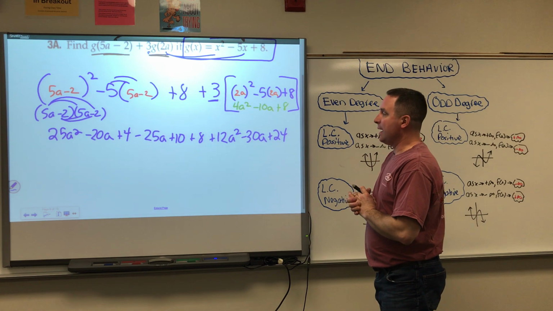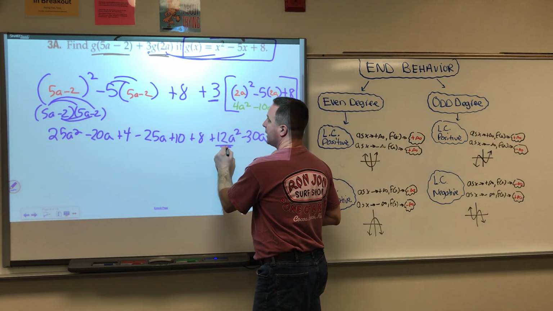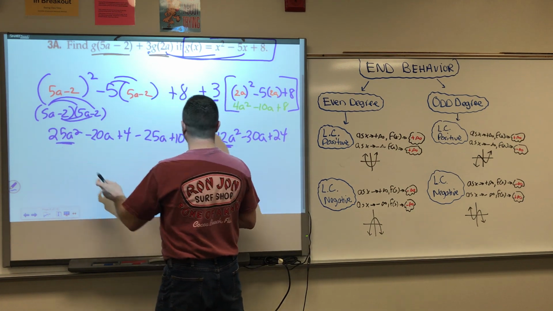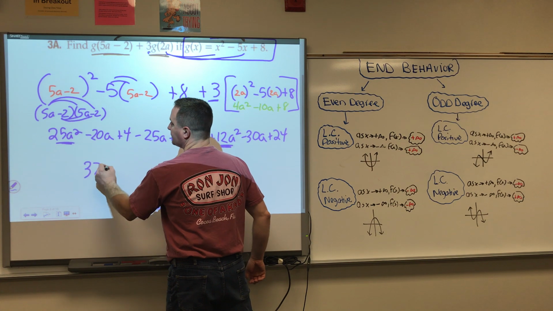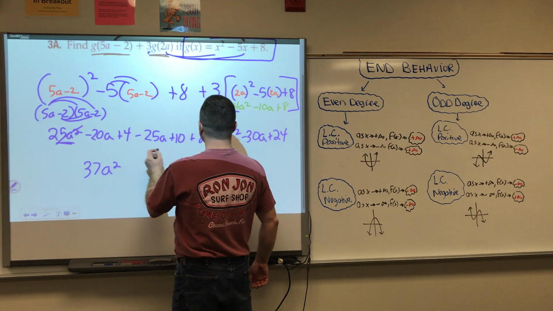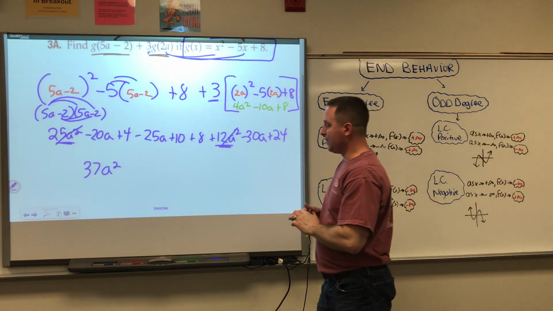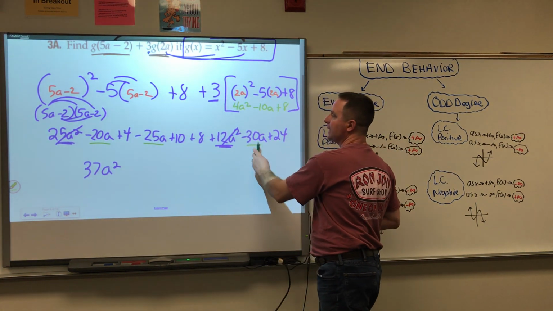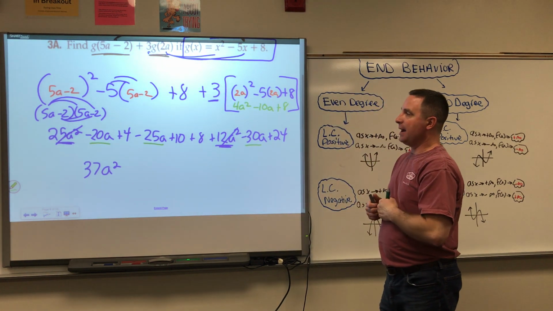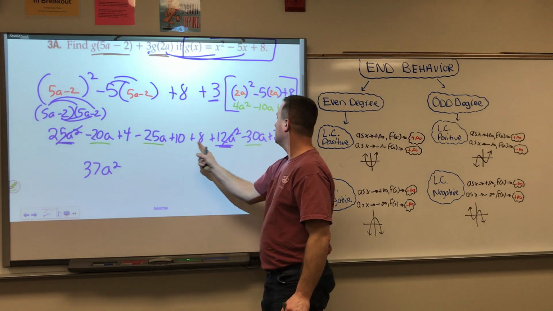Okay, here we go. Do we have any like terms? Do I have any squared terms? I think I have a couple right here and right there. And 25 plus 12, I think, is 37a squared. And they're done. Do I have any a's? Yep, I have a couple of them. I have negative 20, negative 25, and negative 30. If I add those together, I think these two are negative 45.